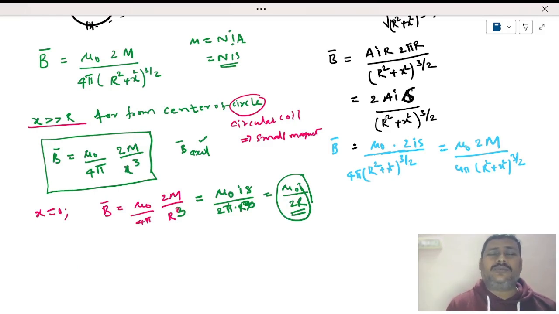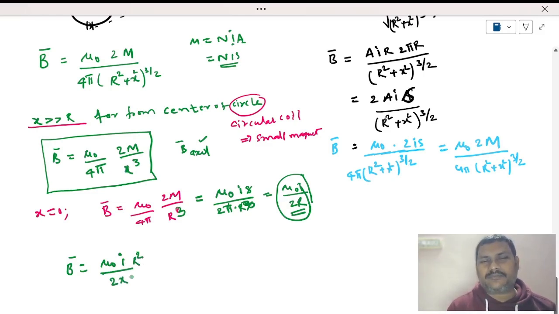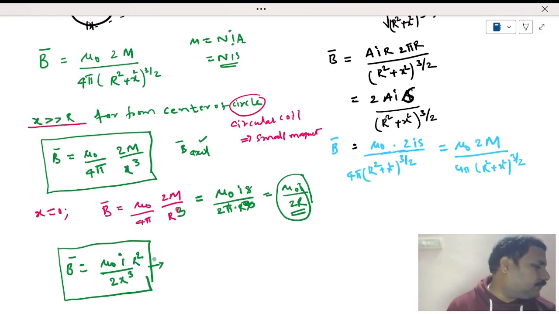Then finally B is equal to mu naught into I R square by 2x cube, for long distances due to a current carrying wire of radius R, in terms of I and R. In terms of M, the magnetic moment, this is the formula. I hope you understand this. Here magnetic moment is equal to NIA again. For only one coil it is IA, if the number of coils is N then NIA.